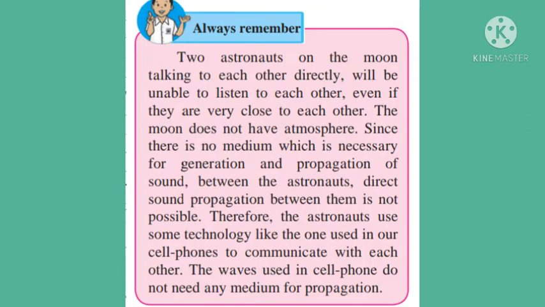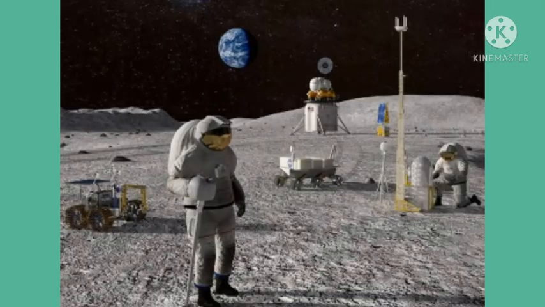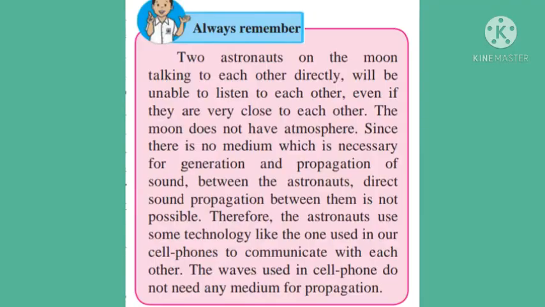Always remember, two astronauts on the moon talking to each other directly will be unable to listen to each other even if they are very close to each other. The moon does not have atmosphere.